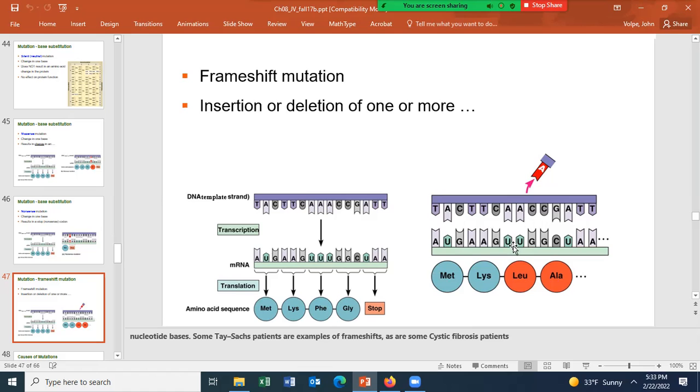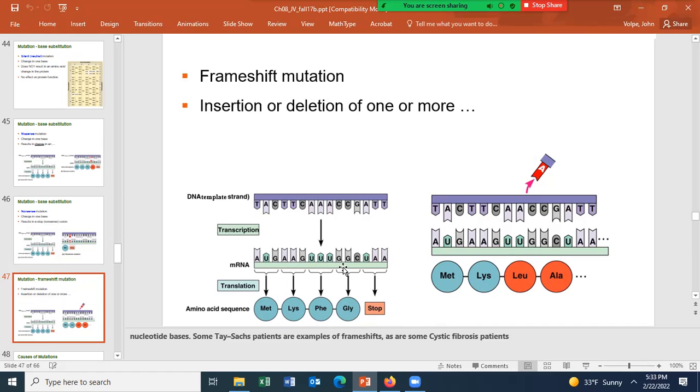And then the codon, instead of being UUU for phenylalanine, will now grab the next nucleotide, which is a G, and so it'll be UUG, which will switch the amino acid from phenylalanine to leucine. But take a look now at the next codon.